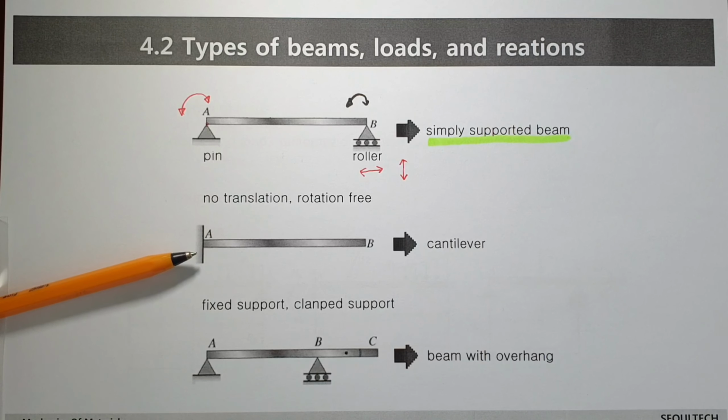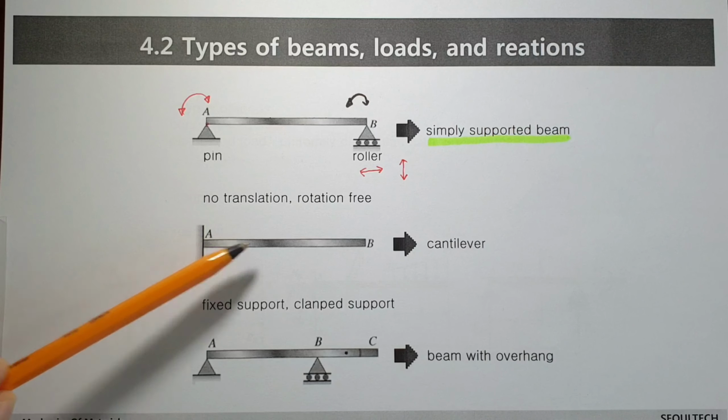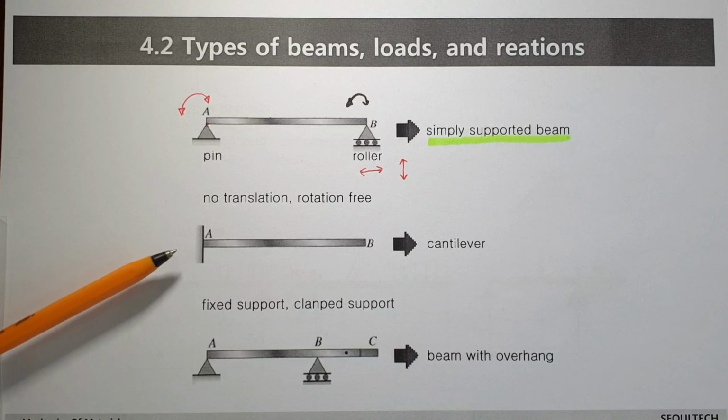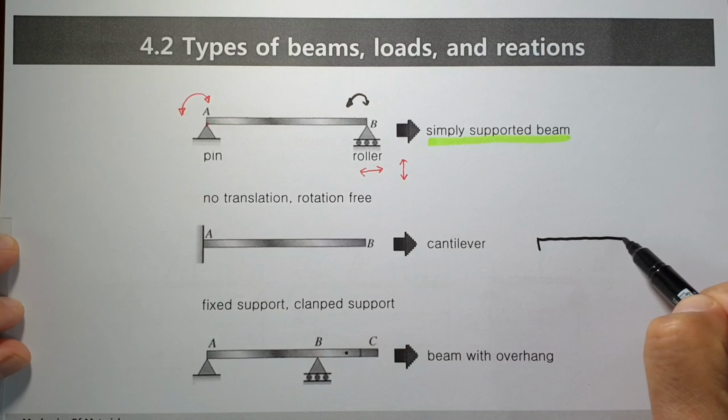Next, let's think about this kind of cantilever beam. In this case, the beam AB is fixed to the wall. At point A, the movement in the X direction or Y direction is restricted, and rotation is not free. That means when you draw a free body diagram for the cantilever AB, let's draw the cantilever.